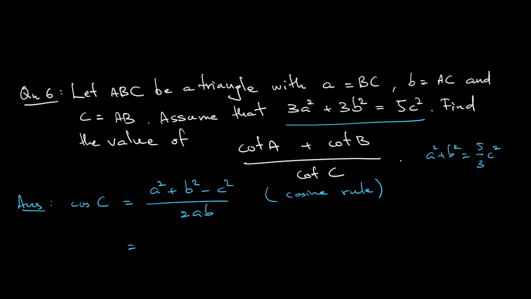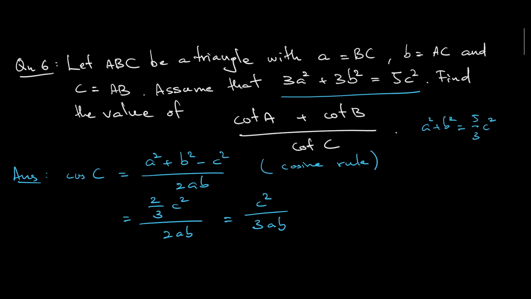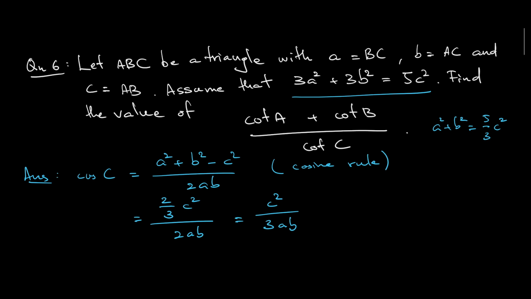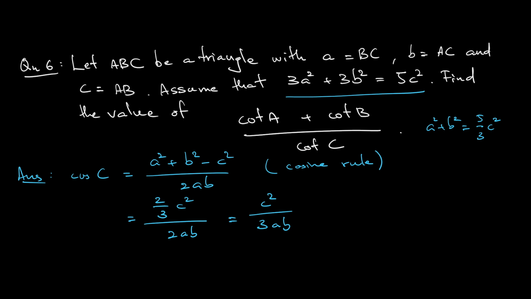So 5 over 3 minus 1 of c squared will be just 2/3 c squared over 2ab, and that is equal to c squared over 3ab. To continue from here, I will just write it as 1/3 c squared over ab.